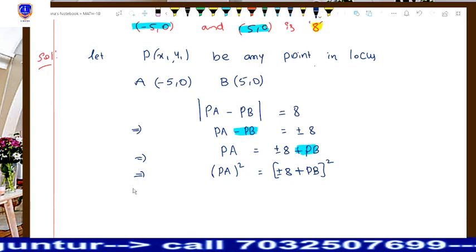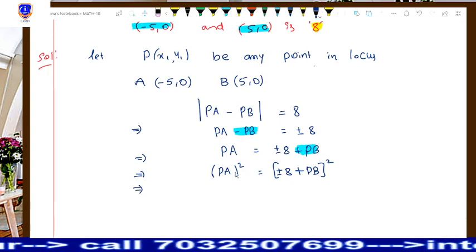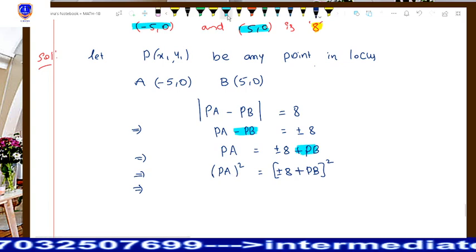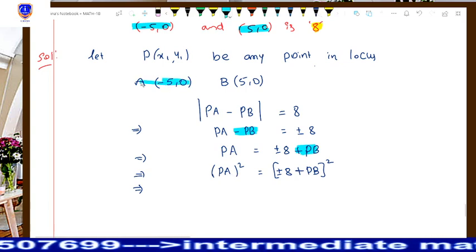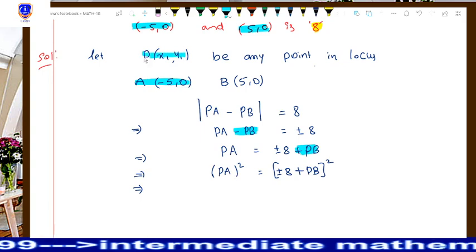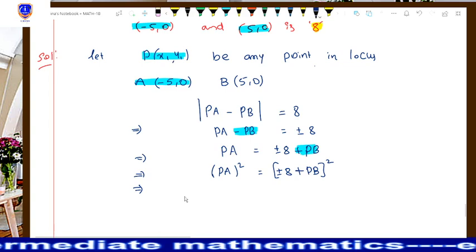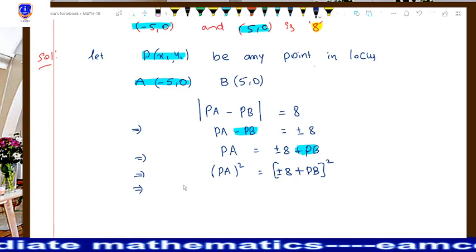And PA square: the point capital A is minus 5 comma 0 and the point P is x1, y1.